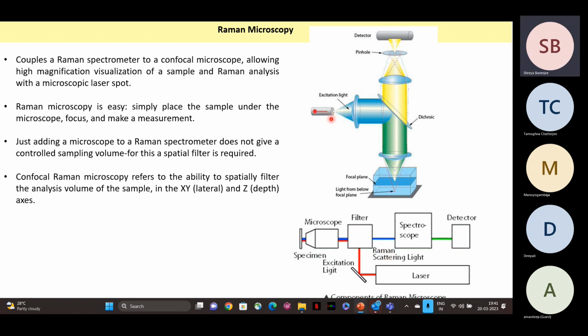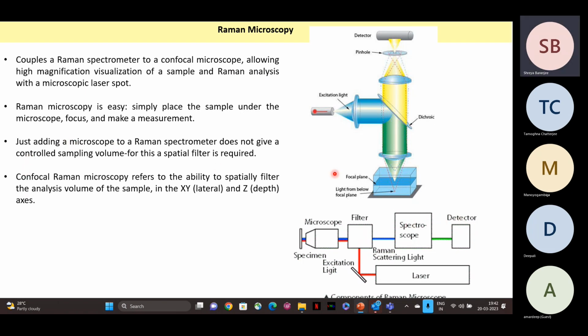So the principle is quite easy. The microscope will focus on the sample and it will enlarge the visualization of the sample. After that, the laser is passed through that enlarged sample, which we can easily visualize, to carry out Raman spectroscopy, which is detected.